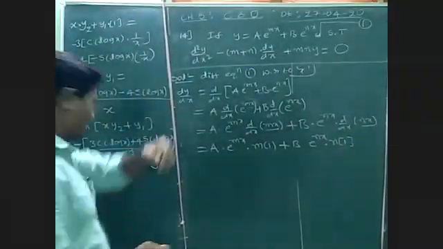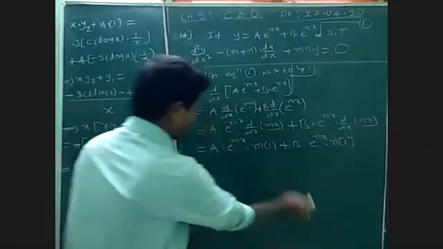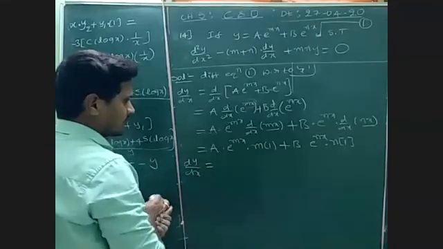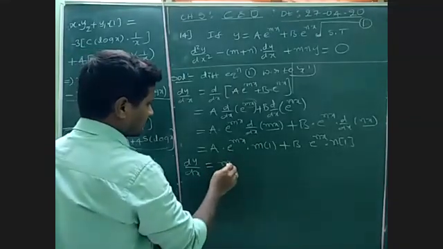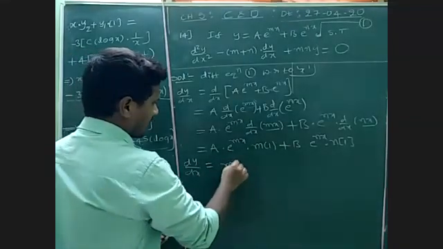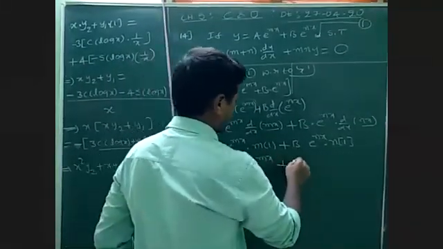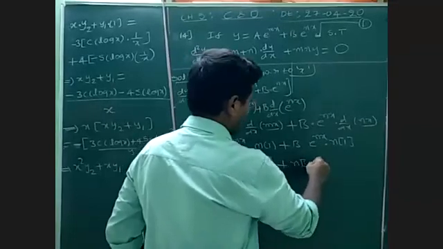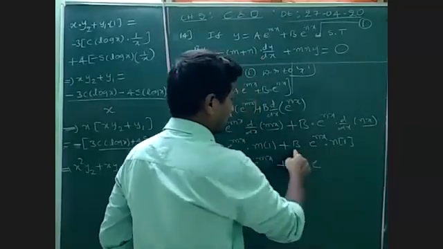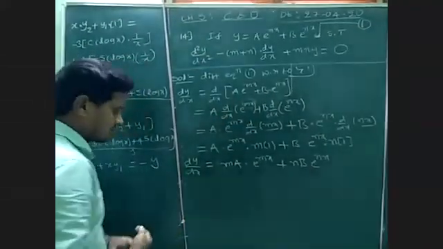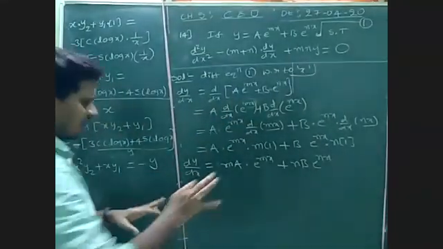So finally here, dy by dx we got as ma e power mx plus nb e power nx. Okay, let us take this as equation 2.